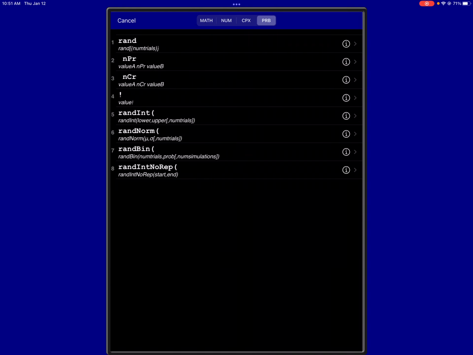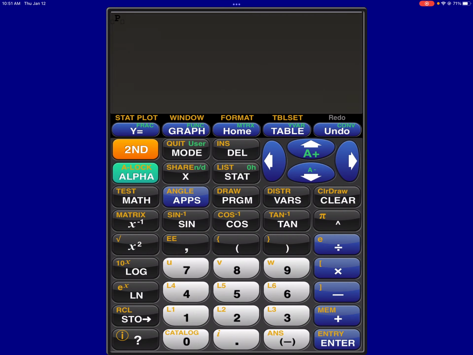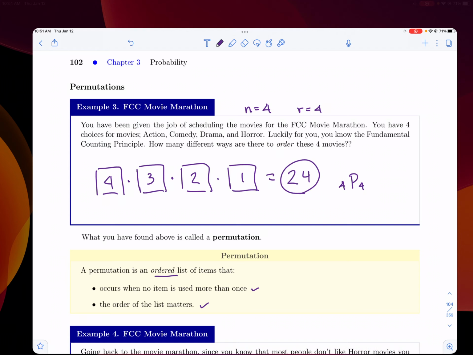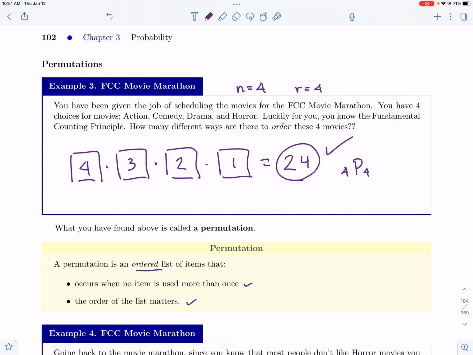And if we look, number 2 is exactly that nPr button. So if we hit our nPr button, it's asking me to put in the first number first, in this case 4, and then our r was also 4, and if I hit enter, notice I get the answer 24, and if I look back, 24 was the answer that we had. So that works out perfect.